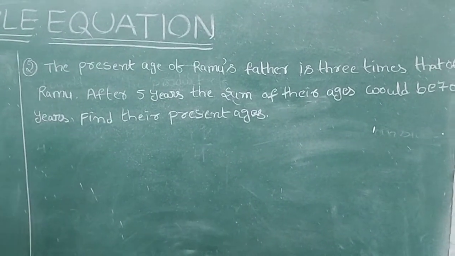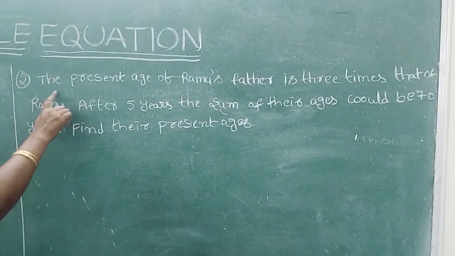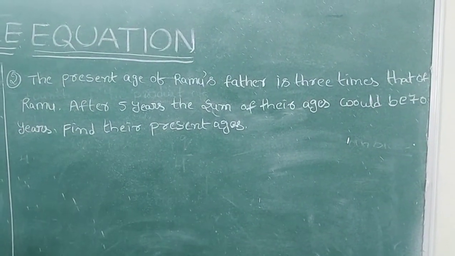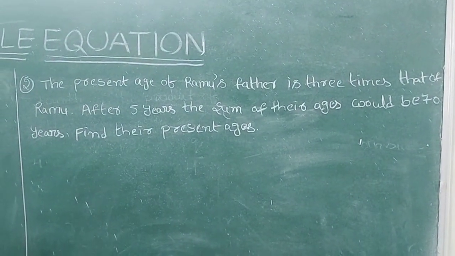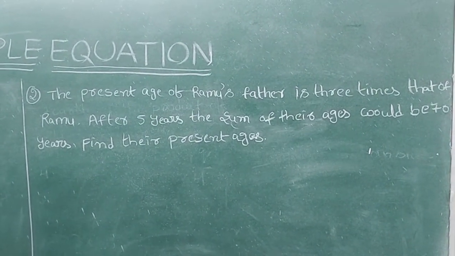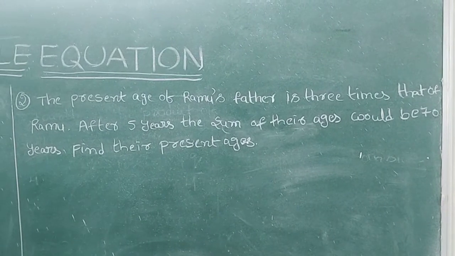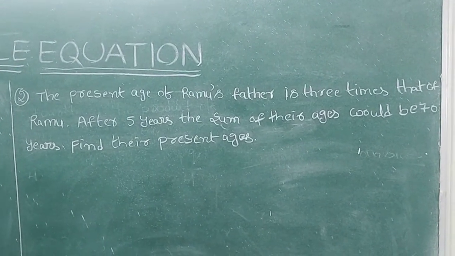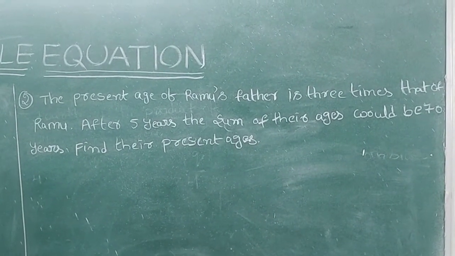Some more examples. The present age of Ramu's father is 3 times that of Ramu. After 5 years, the sum of their ages will be 70 years.